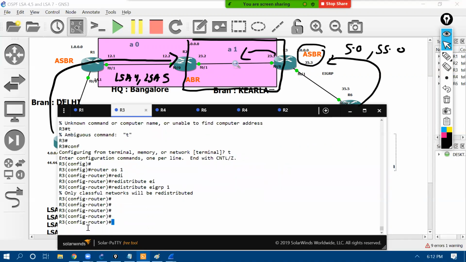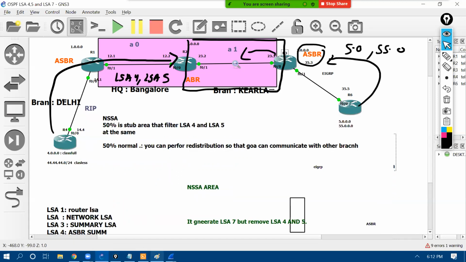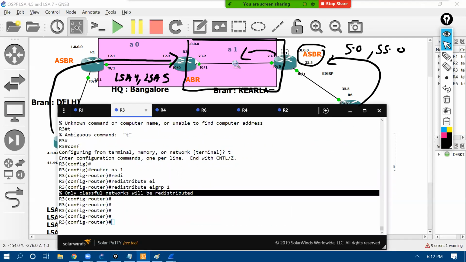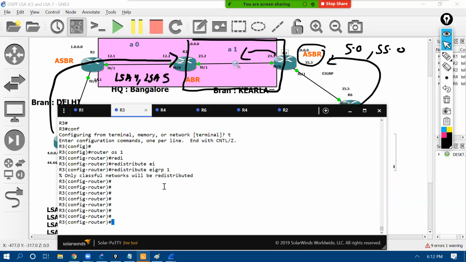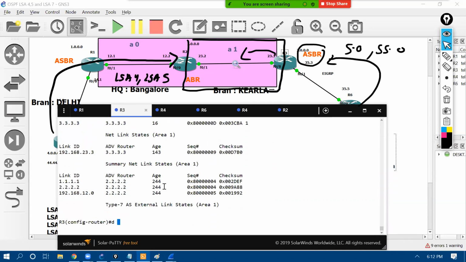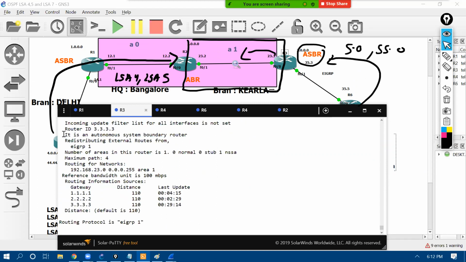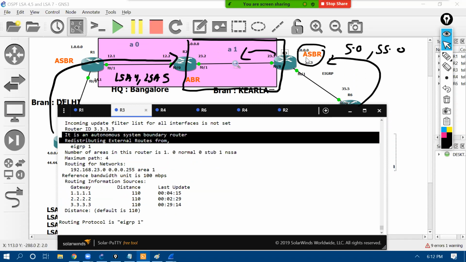Now, is there any error coming except this one? No, because now this router will behave like a stub and R3 will advertise this information to R2. The ASBR is created.